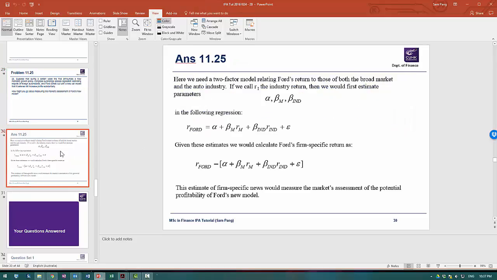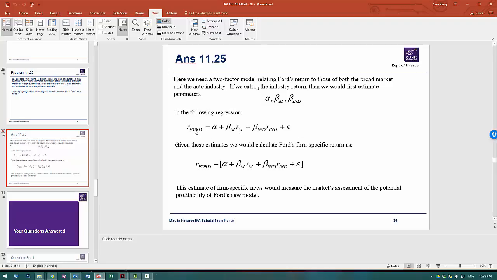Now the answer, as you remember, is that what we can do is we try to gather together the historical returns for Ford in the past. Okay, so let's say we first look at the returns before all the announcements took place.